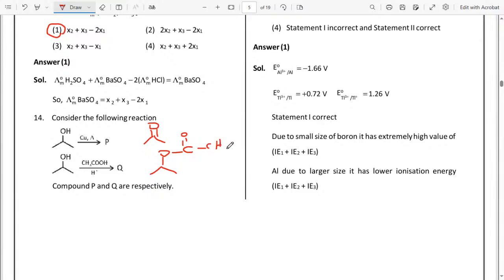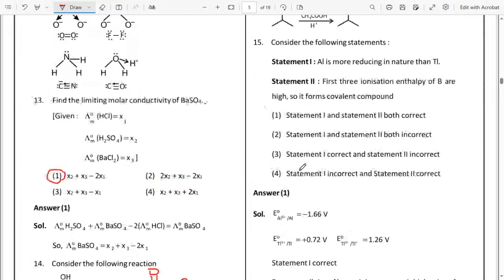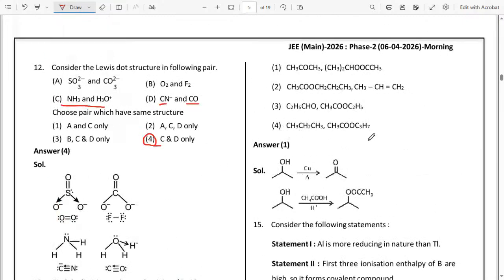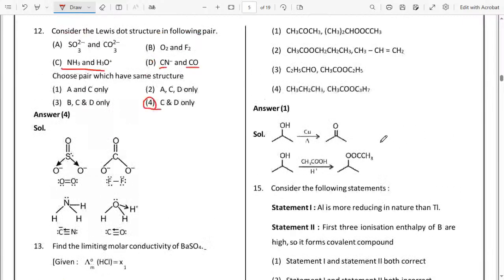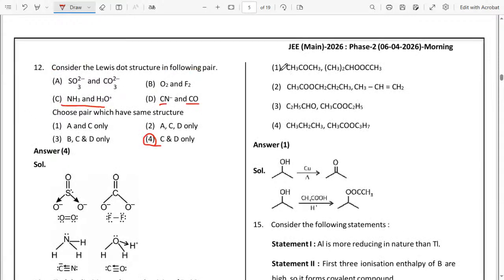You get the ester of the isopropyl group. Compounds P and Q are respectively the ketone, acetone, and the acetyl ester of isopropanol. So option 1 is the correct option, students.